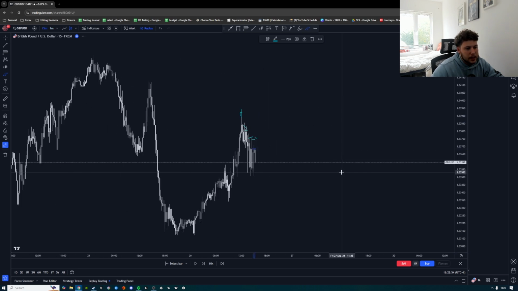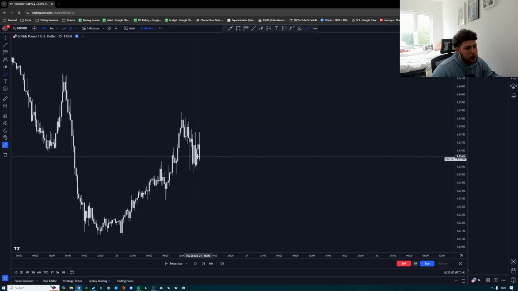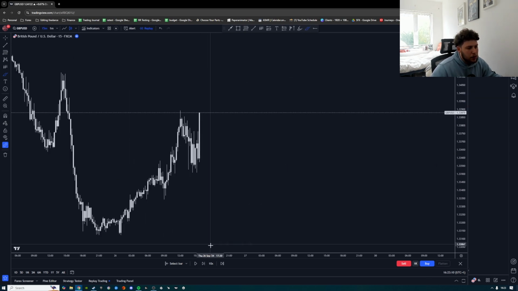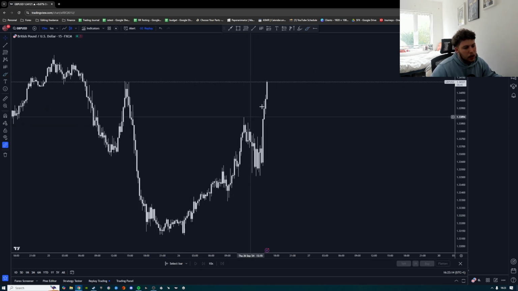And you can see it builds up all these sellers on a lower time frame before blowing straight through and taking them out. And obviously that's why you need to be aware of the higher time frame, but hopefully this is a good introduction to it.